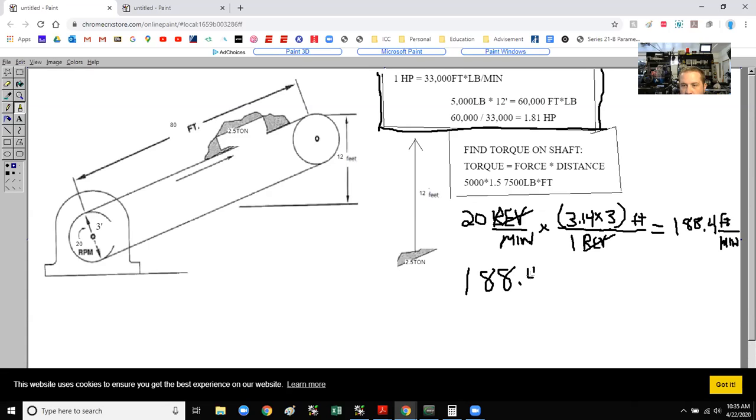I have to do it slow so you can actually read it. 188.4 feet per minute. If we divide it by 80, it's the same as saying times 1 over 80, right? Times 1/80th. Okay, once it's written out like that, I understand it better.